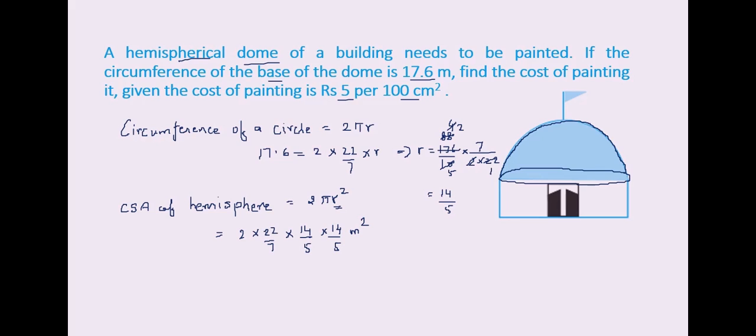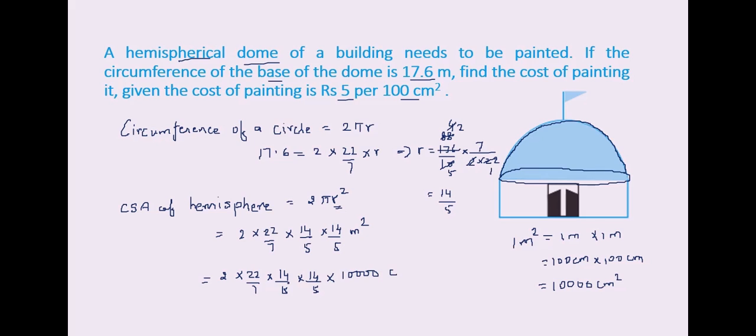So let us first convert meter square into centimeter square. 1 meter square equals 1 meter into 1 meter equals 100 centimeter into 100 centimeter equals 10,000 centimeter square.